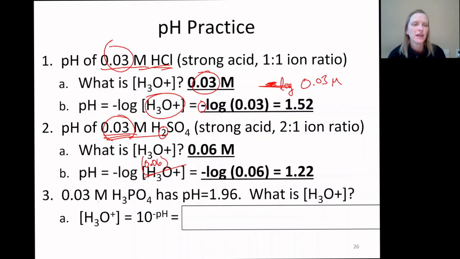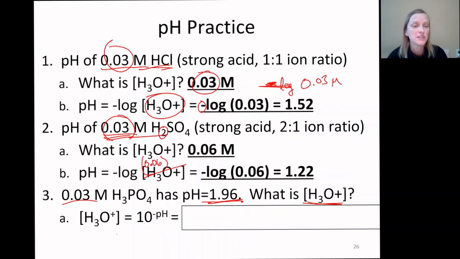In example 3, if I start with 0.03 molar H3PO4, this is not a strong acid. This is a weak acid. So I cannot just assume that I have triple this concentration of hydrogen ions. And in fact, I need to work backwards. I'm given the pH. I need to work backwards to find out what the hydrogen ion concentration is.